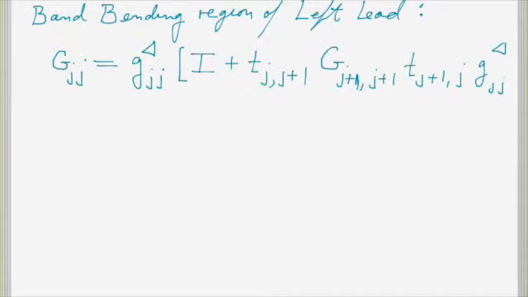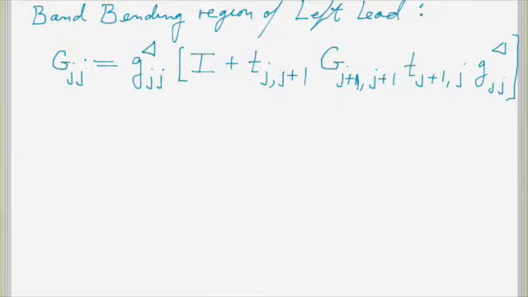Again, no inverse. It's exactly the same form as what we had moving to the right, except wherever there was a right connected, I replaced it with a left connected, and now the indices are moving one back, coupling something ahead of it to something behind it instead of the other way.